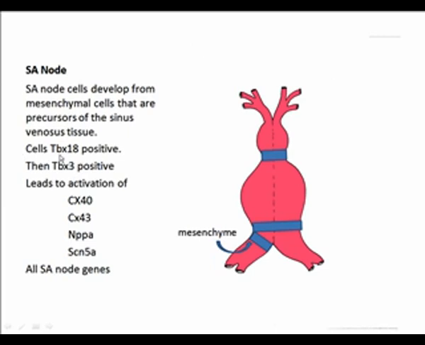And these cells are positive for TBX18, then TBX3, and they'll activate a group of genes, and some of these genes are connexins. So these cells have a lot of gap junctions, and some of these other genes are all SA node genes that then arise in the cells at this sinoatrial junction.